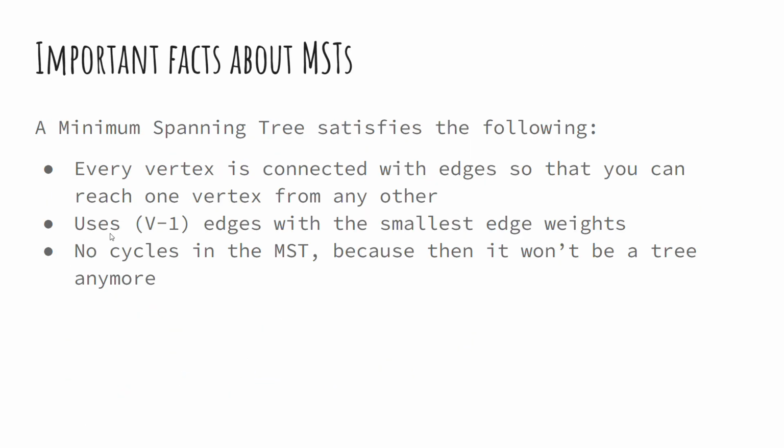And then we basically use V minus 1 edges with the smallest edge weights. So one thing to note over here is that the number of edges in the minimum spanning tree is always going to be V minus 1. And there are no cycles in the minimum spanning tree, because if there is a cycle, it's not going to be a tree anymore.